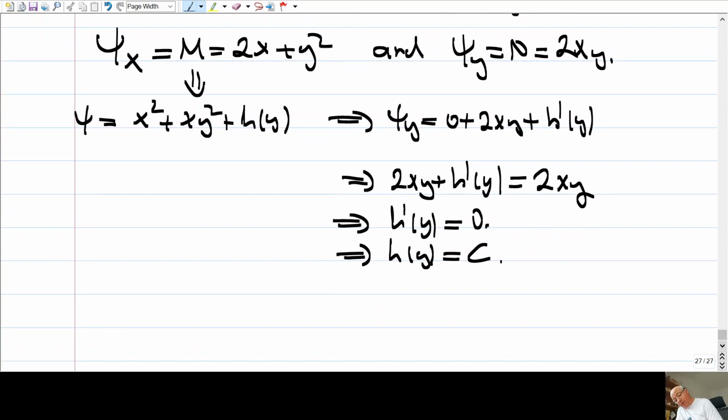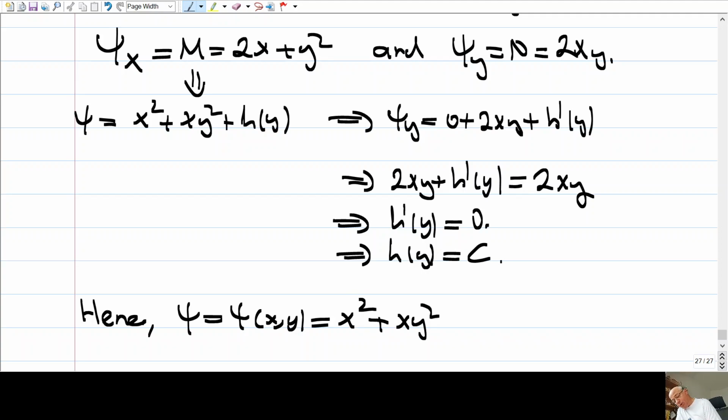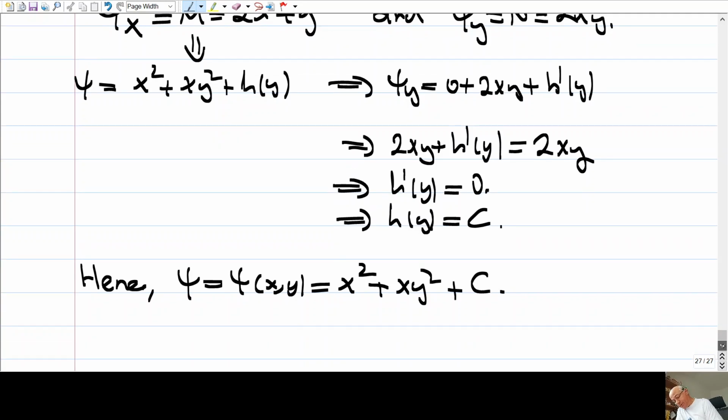Hence, this psi xy is what? It is x squared plus x times y squared plus h of y, and h of y is just a constant.